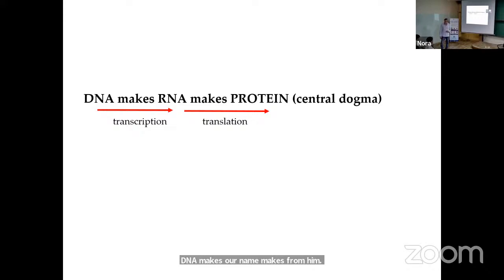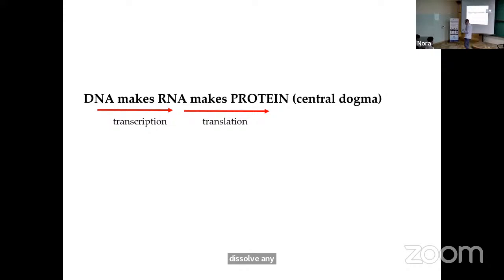Everybody knows this. So to make protein, you need to have RNA and you need to have a ribosome to make protein. But can you assemble amino acids into a protein without any RNA and without a ribosome?